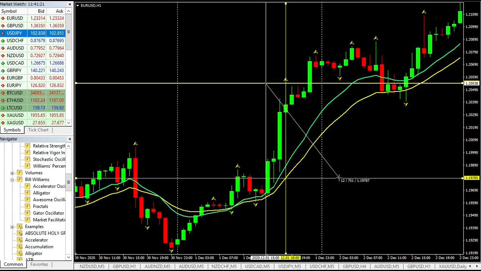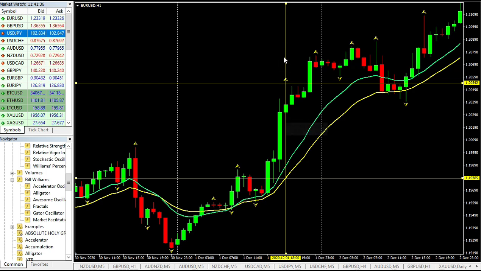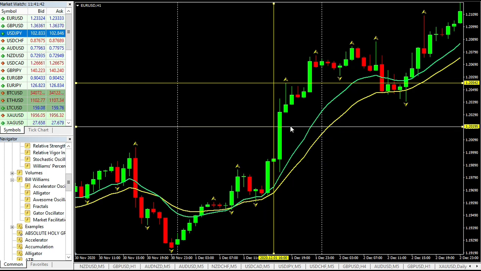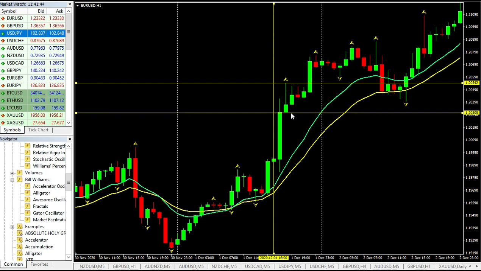About 76 pips, right? Now it's a long way away, a bit too high, but to be on the safe side, the third option is to place the stop loss at the low of your candle, the fractal candle. This is the fractal candle, okay, and this is your entry.